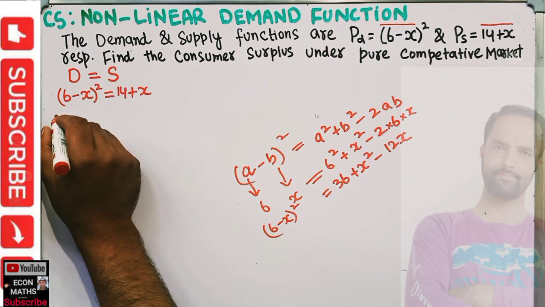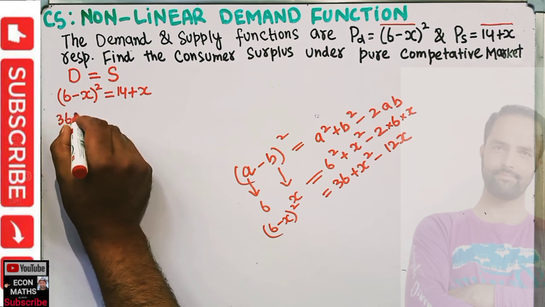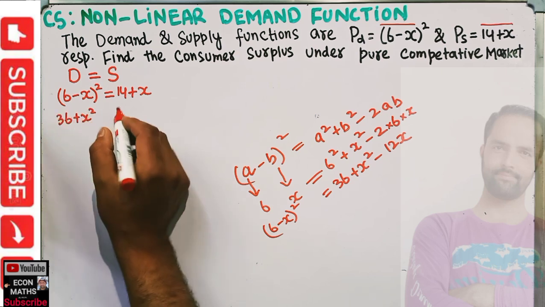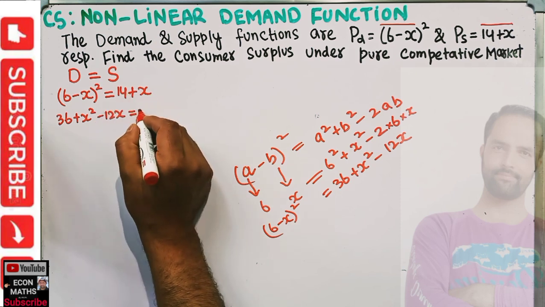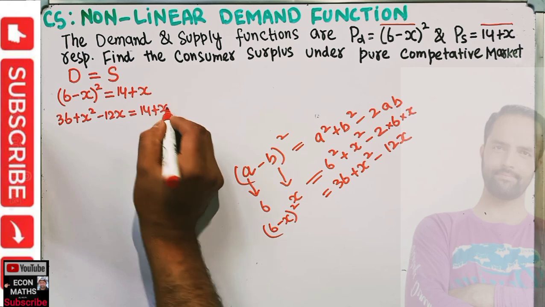So we got 36 plus x square minus 12x should be equal to our supply, 14 plus x.